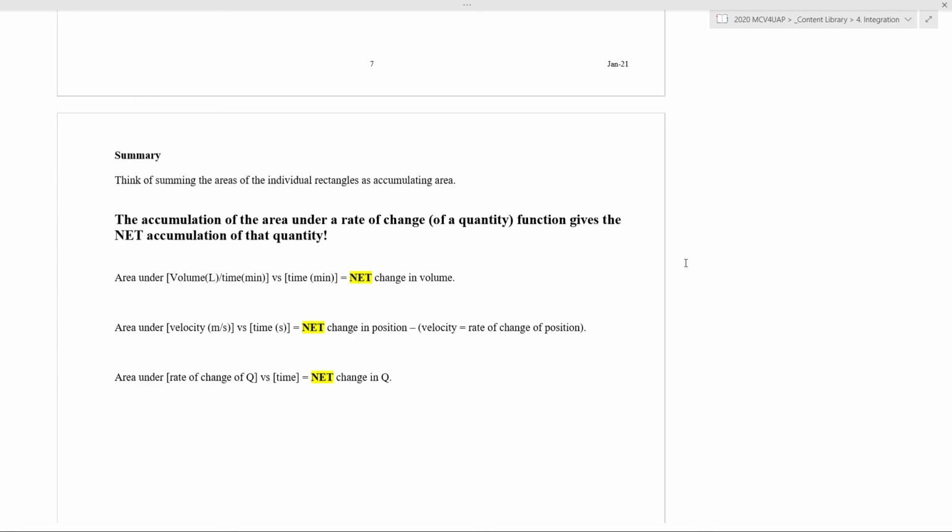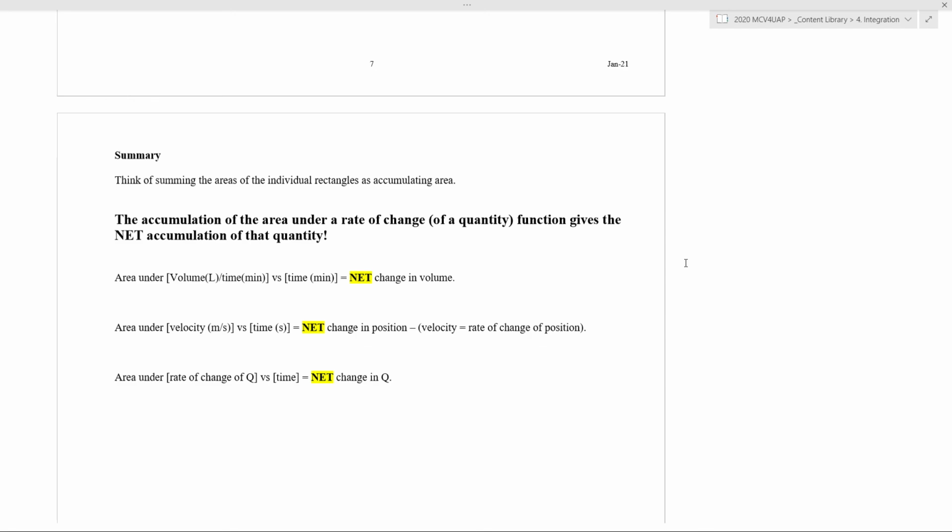So what I'm saying is, if you find the area under a volume per unit time versus time graph, that will give you the net change in volume. If you find the area under a velocity time graph, that will give you the net change in position. Velocity is just the rate of change of position.